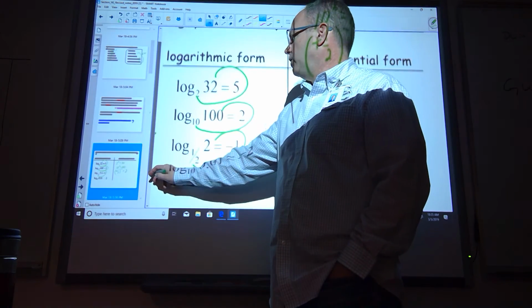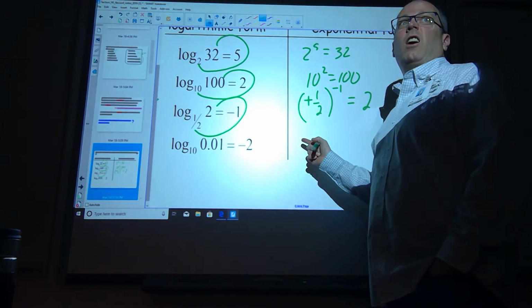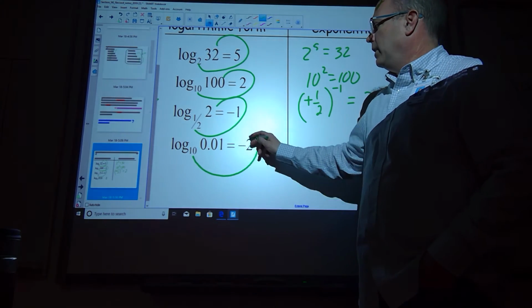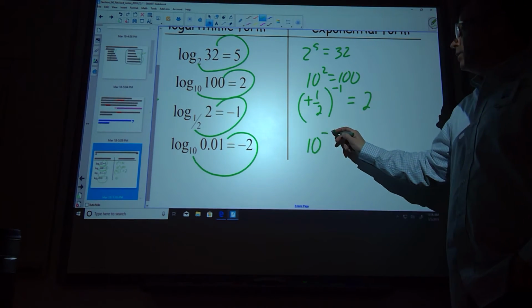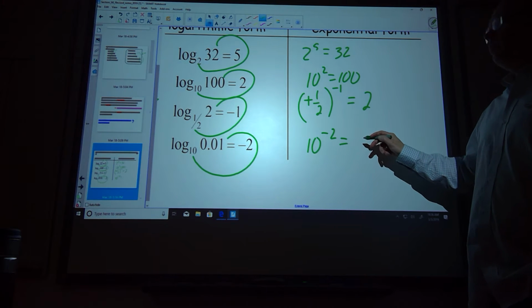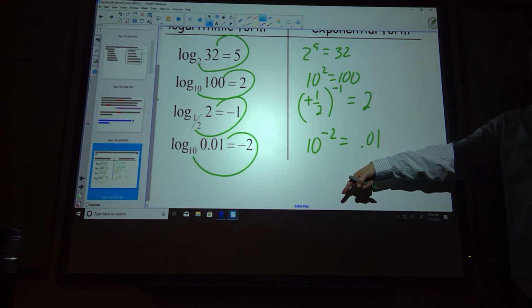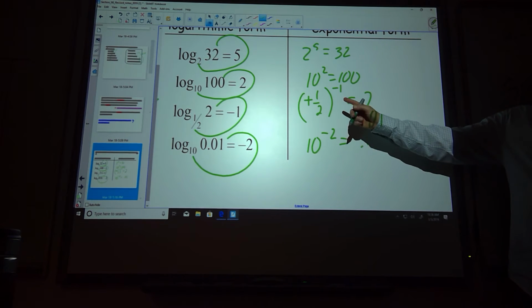Can you all see my seashell? And if log is on the other side, then just flip your whole equation over. So 10 to the negative 2 is equal to 0.01. Well, why is that? Well, that's 1 over 10 squared, which is 1 over 100.